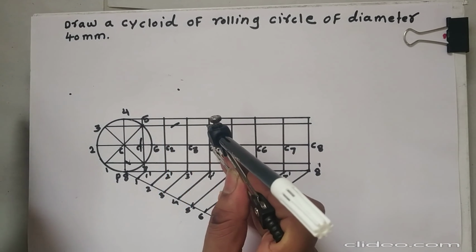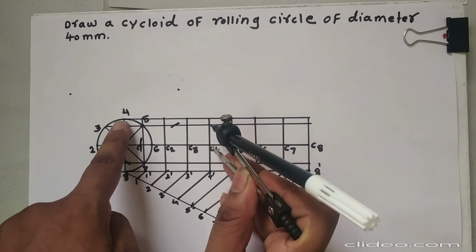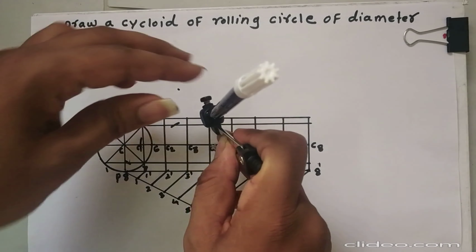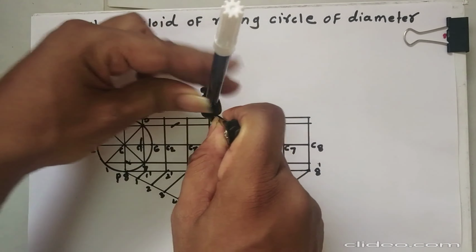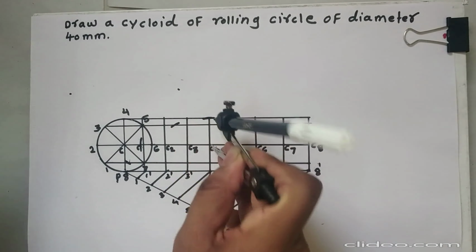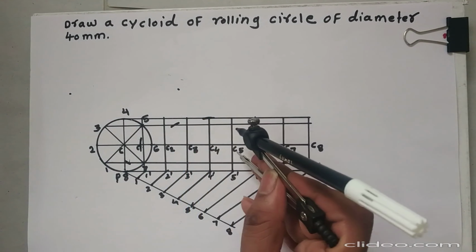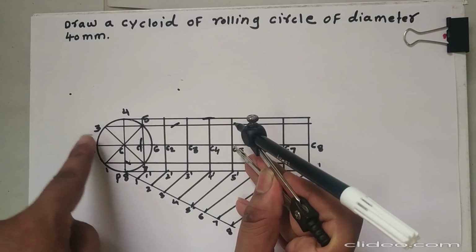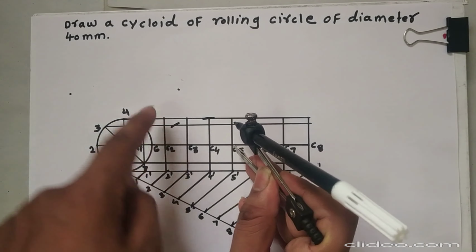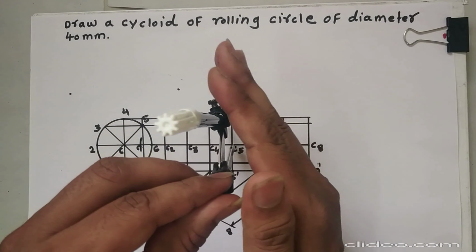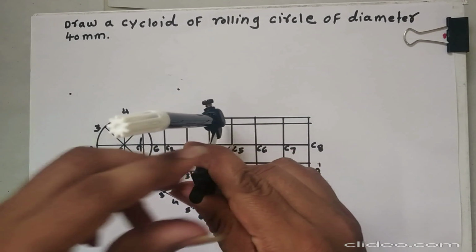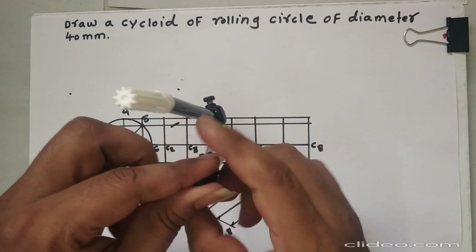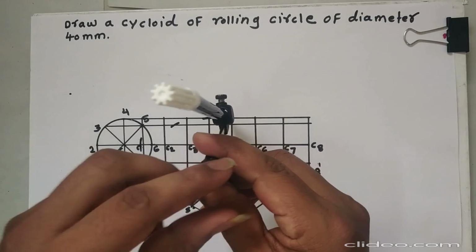Next C4. Consider this topmost point, so it will come over here, on the top side. Next C5. Again consider the 3, 5 horizontal line. Now we need to cut the arc on the right hand side, because you can see 5, 6, 7 are on the right hand side.